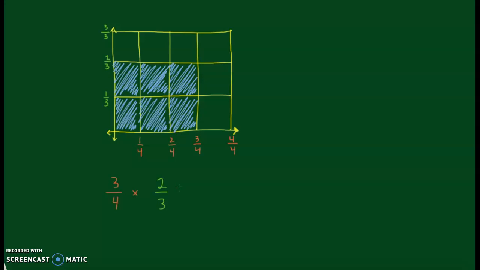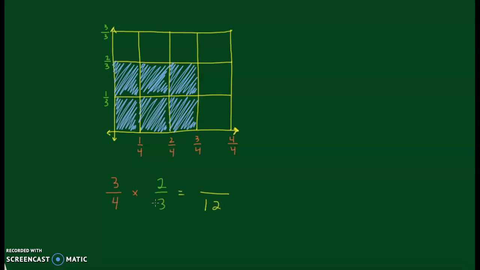Some of you might have noticed this in the last video, and maybe even in lesson 5.7, but if we count how many total sections there are, 1, 2, 3, 4, 5, 6, 7, 8, 9, 10, 11, 12, we get 12 total sections.